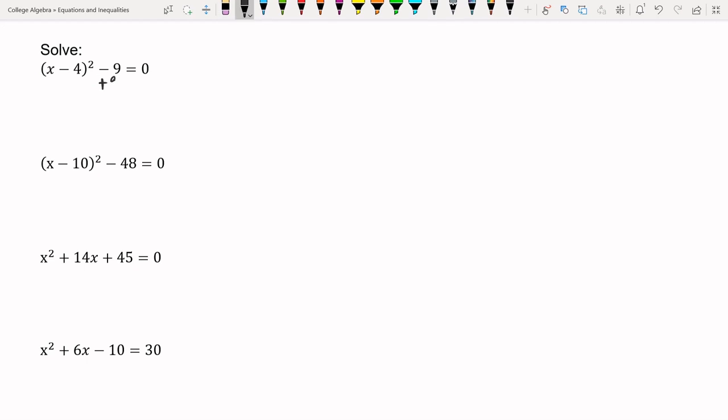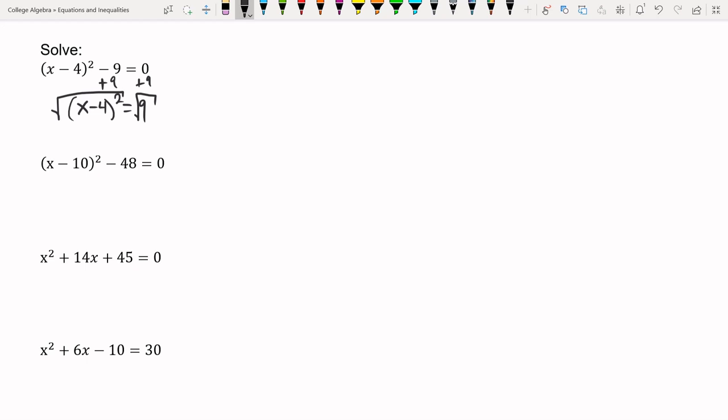All we have to do is add 9 to both sides. We get x minus 4 squared equals 9, and then all we have to do is square root. Because x is not on the outside, it will not be underneath a square root. If it is underneath a square root, we end up getting a lot tougher problems to solve. And they're no longer quadratic in nature.